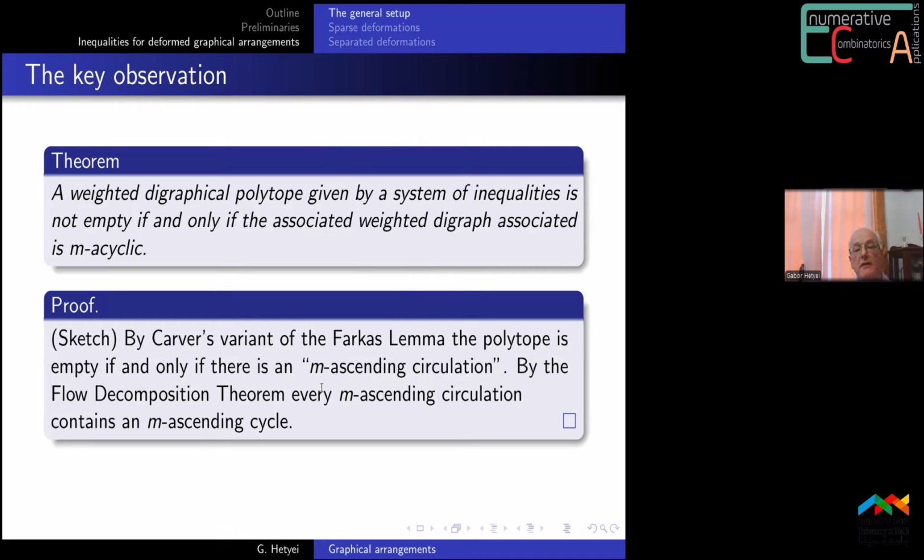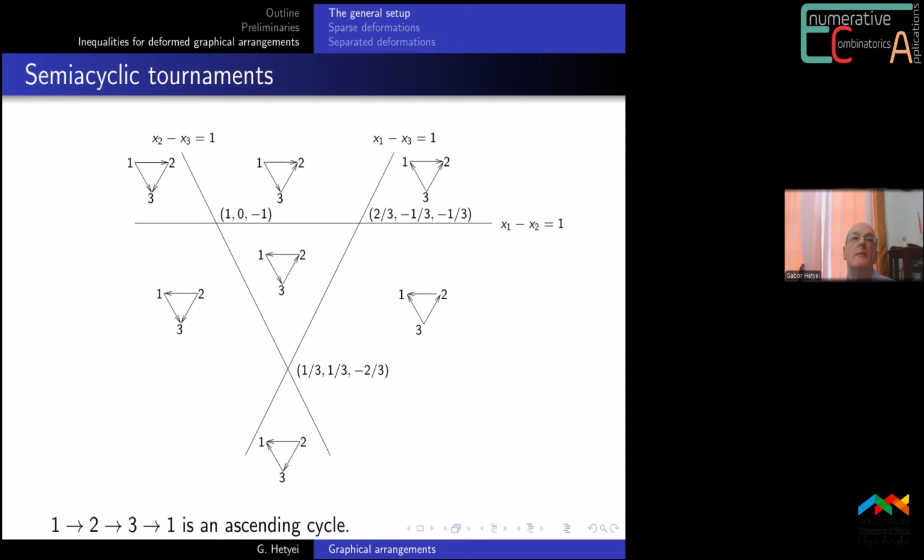We don't need to write it down. And so we get back exactly the so-called semi-acyclic tournaments, which are already there in the Postnikov-Stanley paper, and I also mentioned that Shmulik Ravid also came up with the same labeling, but now you see a natural, quote-unquote, natural explanation of why these label the regions.